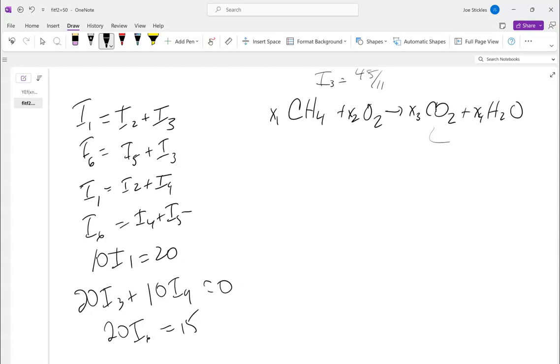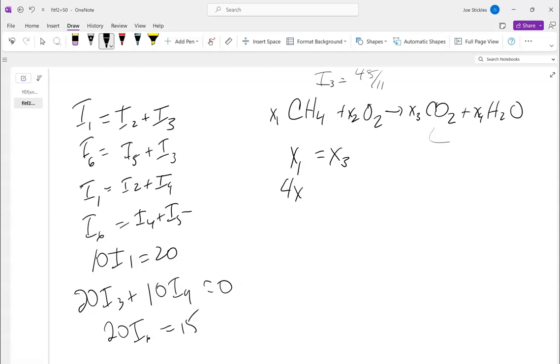Anyway, great. How many carbon atoms do you see on the left-hand side if there's X1 molecules of methane? We have X1 molecules, so it'll be X1. On the right-hand side, how many do you have? X3. So X1 has to equal X3. On the left-hand side, how many hydrogen atoms do you have? 4x1.